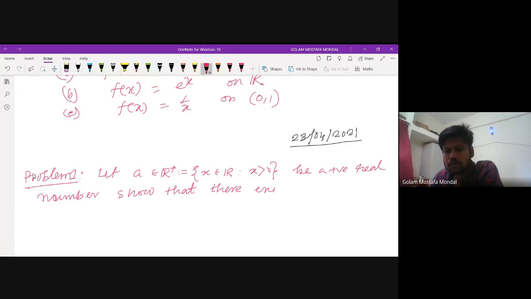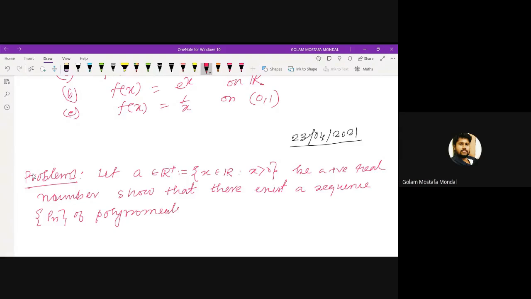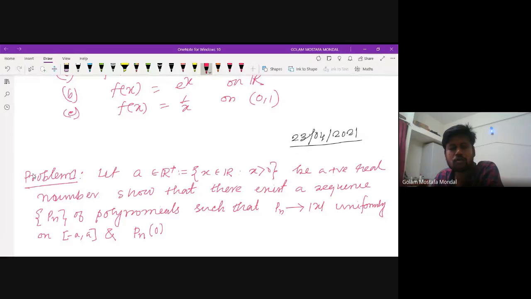there exists a sequence of polynomials P n so that P n converges to mod x uniformly on this interval, and P n of 0 equal to 0.